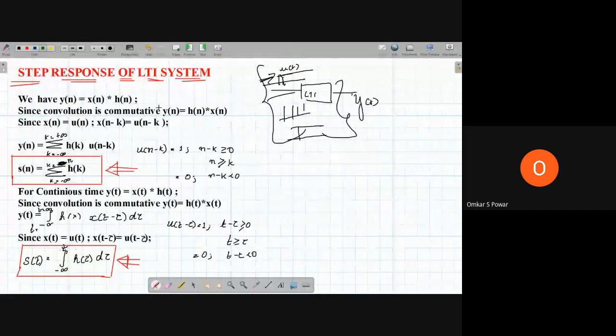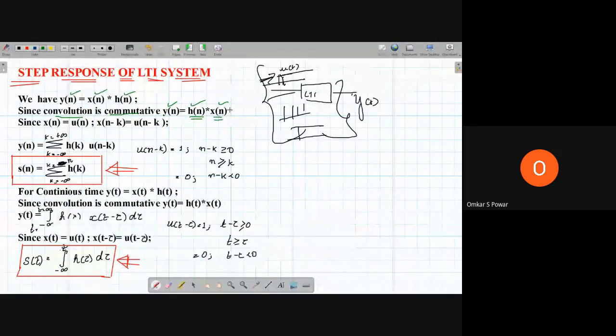Okay. So now we have seen that y of n is equal to x of n convolution h of n. Now convolution is commutative. That means y of n is equal to h of n convolved with x of n, and also x of n convolved with h of n. This is the commutative property.